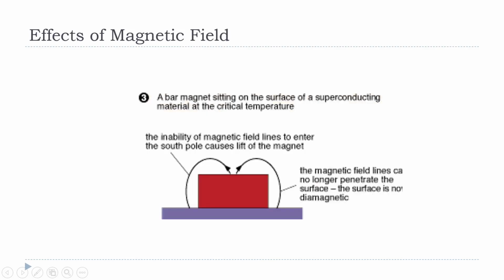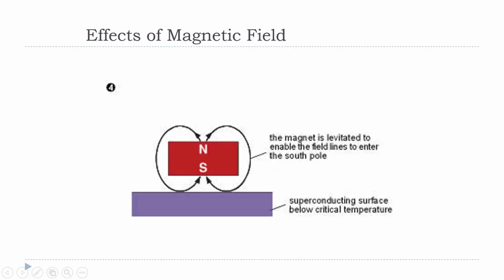But if the temperature is below critical temperature, then this material becomes a superconductor. The field lines can only reach up to this point. It cannot pass into the superconductor. So it makes itself float, moving up so that the field lines can enter back into the south pole.